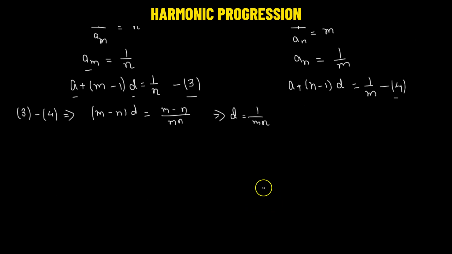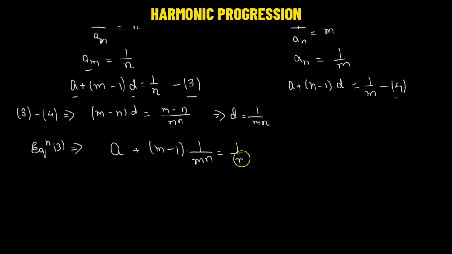Now that we have the value of the common difference d, we can use either equation 3 or equation 4 to obtain the value of our first term. So equation number 3 gives us a, the first term, added to m minus 1 times the common difference d, which is 1 over mn. This will equal 1 over n.